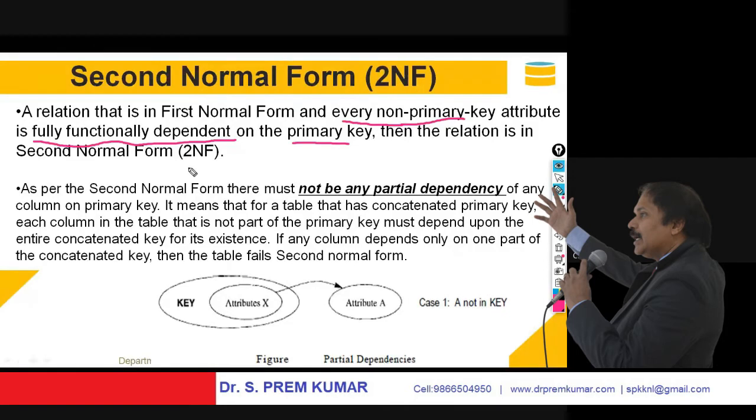In order to say that a relation is in the second normal form, every non-key attribute should be fully functionally dependent on the primary key.